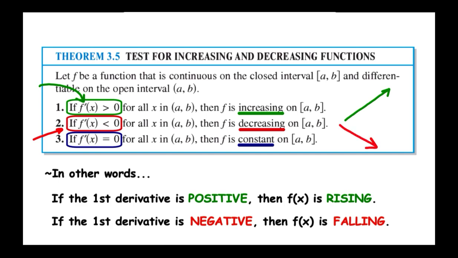We saw that in our sine charts before. And then obviously if the slope is 0, then you have a horizontal graph, at least for some period of time, and the slope is constant. Basically that's what I just said down here in my own words. First derivative positive, graph is rising. First derivative negative, the graph's going to fall. All right, so let's put this to work by doing some examples.